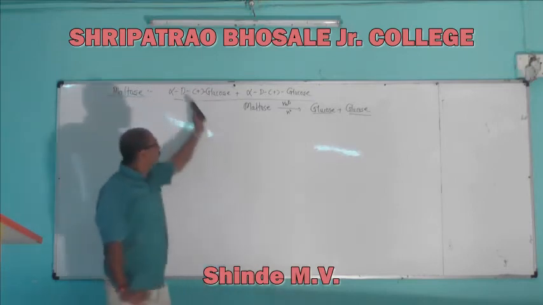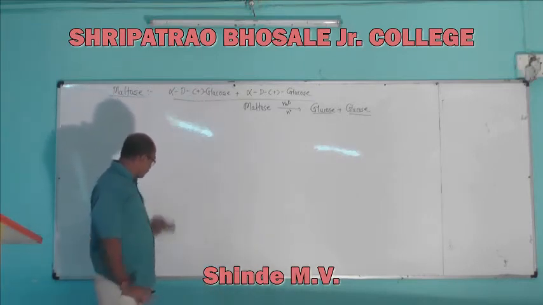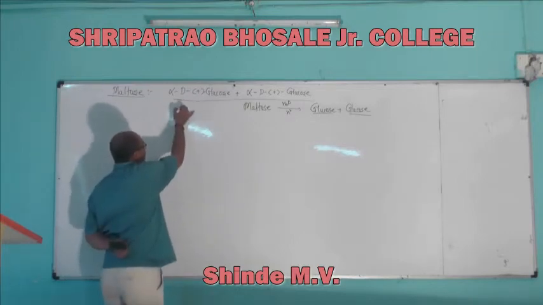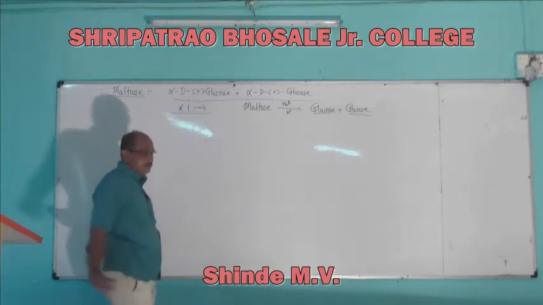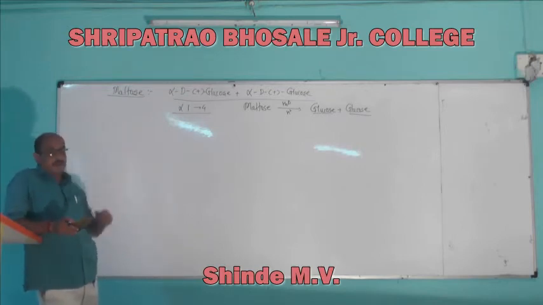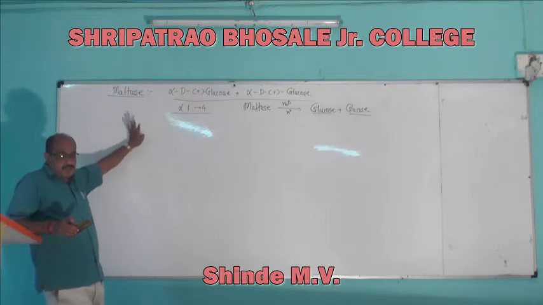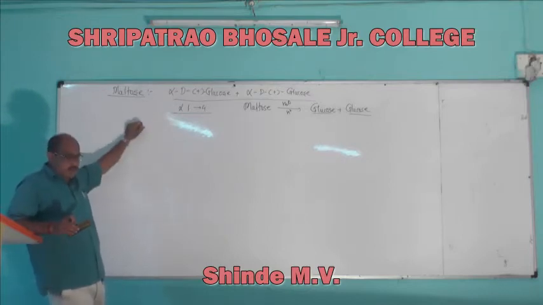These two monosaccharide units of glucose are linked by a glycosidic linkage at alpha 1 to 4. Generally, maltose is prepared from the partial hydrolysis of starch. Partial hydrolysis of starch forms these maltose molecules.